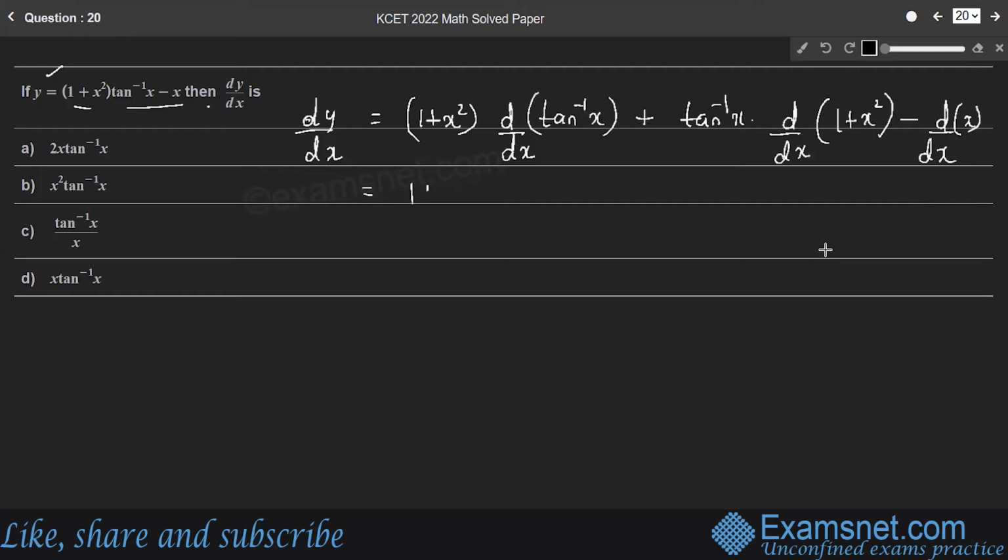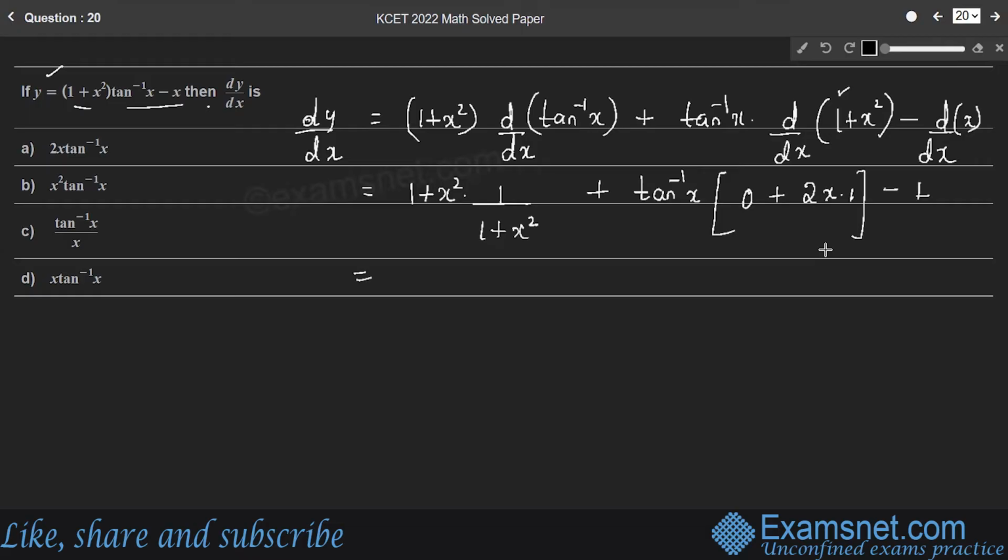Here 1 plus x squared into d by dx of tan inverse x, which is always 1 by 1 plus x squared, plus tan inverse x into d by dx of the sum of two terms, which is d by dx of the first term plus d by dx of the second term. Very easy. d by dx of the first term is 0 because it is a constant. Plus d by dx of x square is 2x into 1, minus 1.